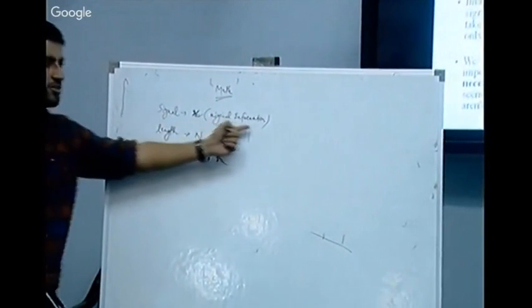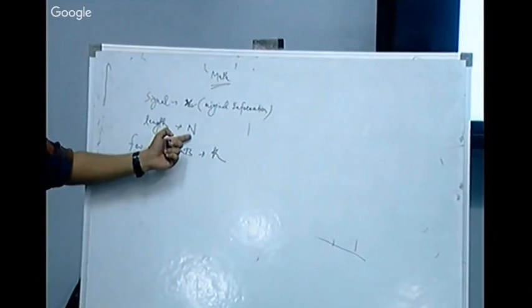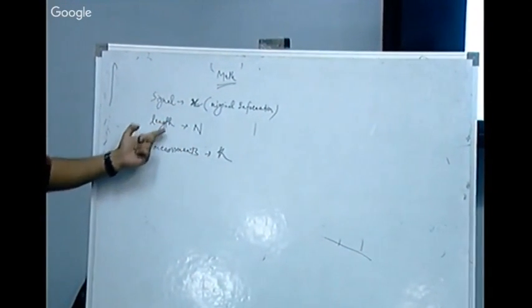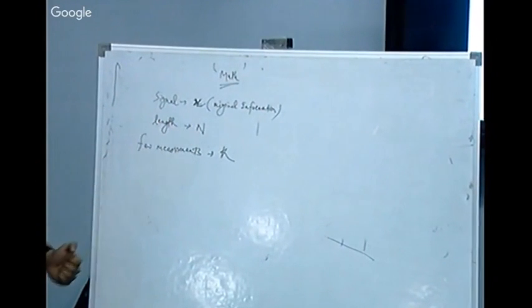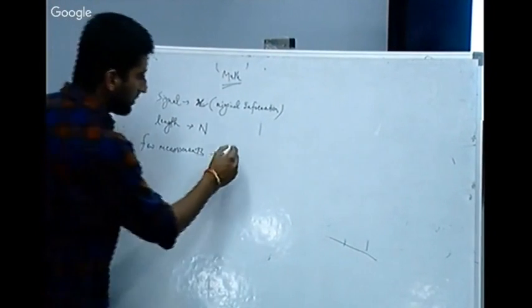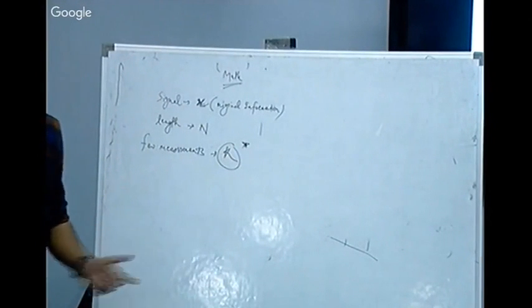So we have an original signal, that is X, and that signal is represented by the length of the samples, which is capital N. And I'm trying to represent that signal with a few measurements, and let's say those few measurements are basically K. I'm going to get these few measurements obviously after exploiting the sparsity of the signal.